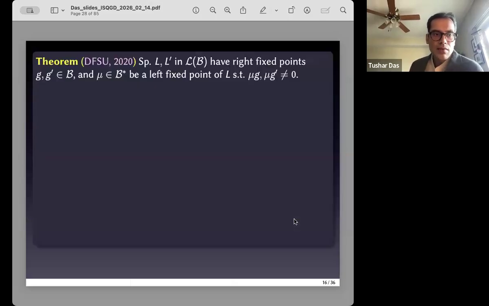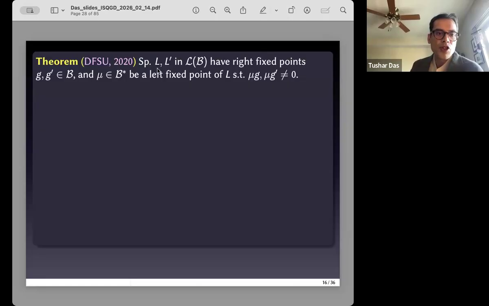All right, so here's the theorem. Suppose we have two operators, L and L prime. In our applications, you should think of L prime as being a small perturbation of L. So say you have two operators, L and L prime, that are bounded linear operators, and they have right fixed points.